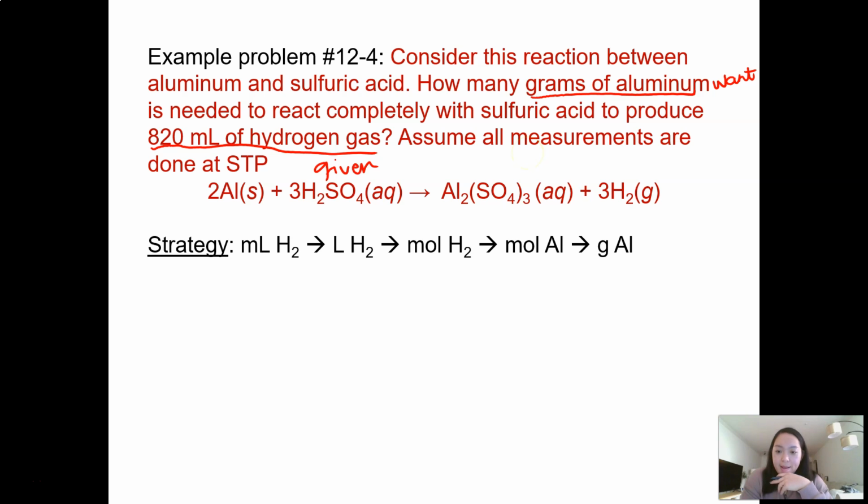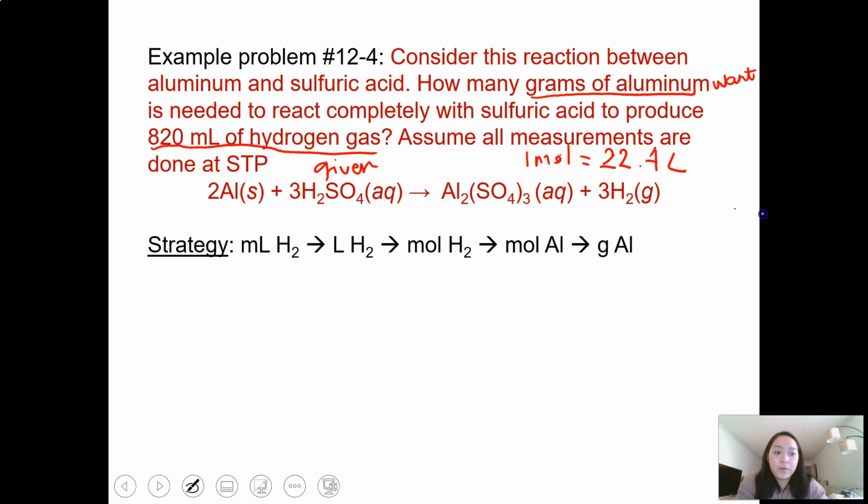Okay, let's see what is our strategy. The strategy that I have, I want to first convert a milliliter of hydrogen gas to liter of hydrogen gas, because remember the conversion factor is that 1 mole occupies 22.4 liter of gas.